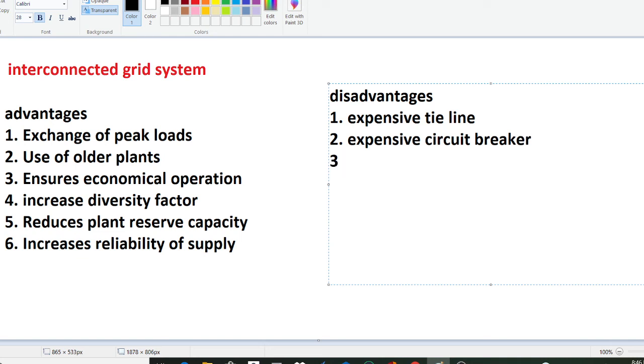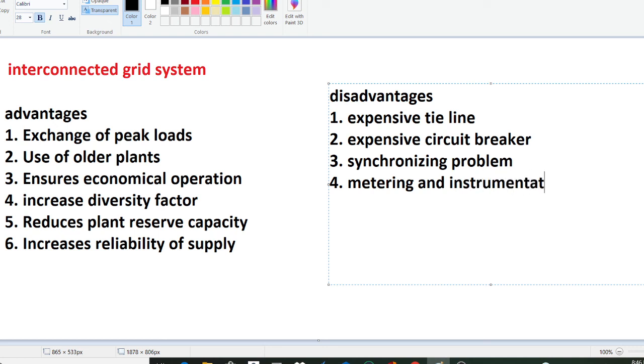The third disadvantage is the synchronizing problem. And the fourth one is metering and instrumentation. So these are the four disadvantages of interconnected grid systems.